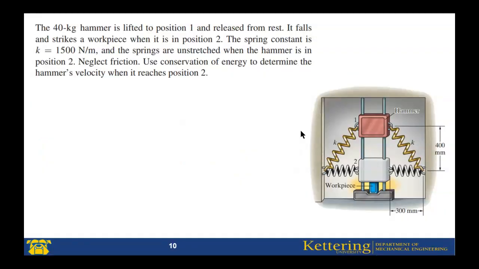The spring constant is 1500 Newton per meter, and the spring is unstretched at position 2. Neglect the friction, use the conservation of energy to find the hammer's velocity at position 2.